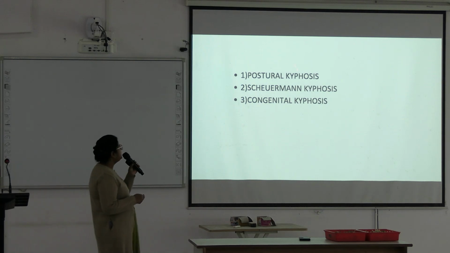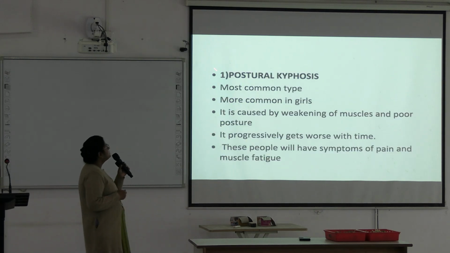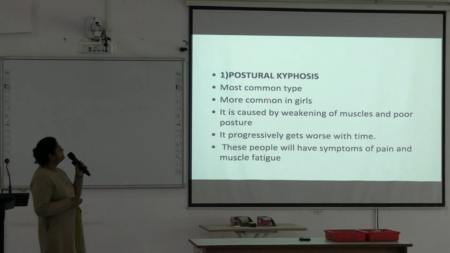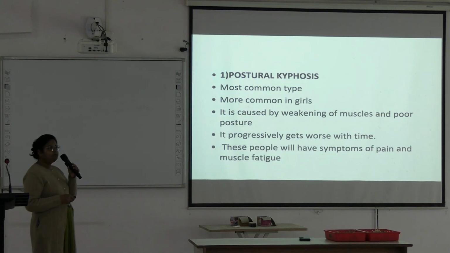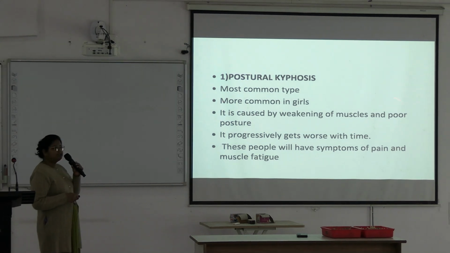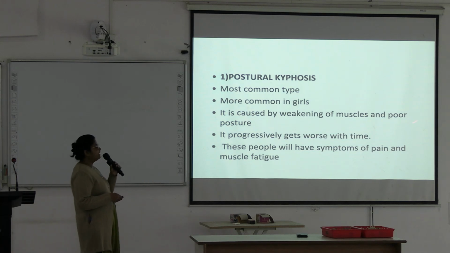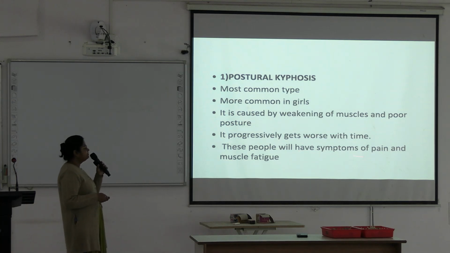These are the three main types. First is postural kyphosis. It is the most common type, more common in girls. It is caused by weakening of the muscles and poor posture, and it progressively gets worse with time. These people will have symptoms of pain and muscle fatigue.